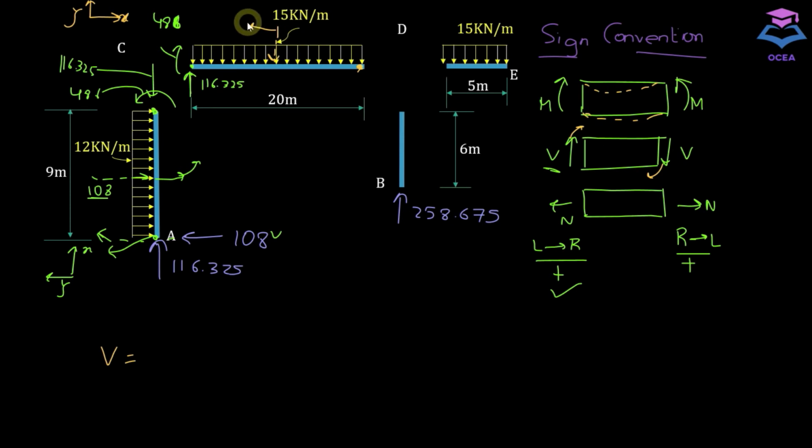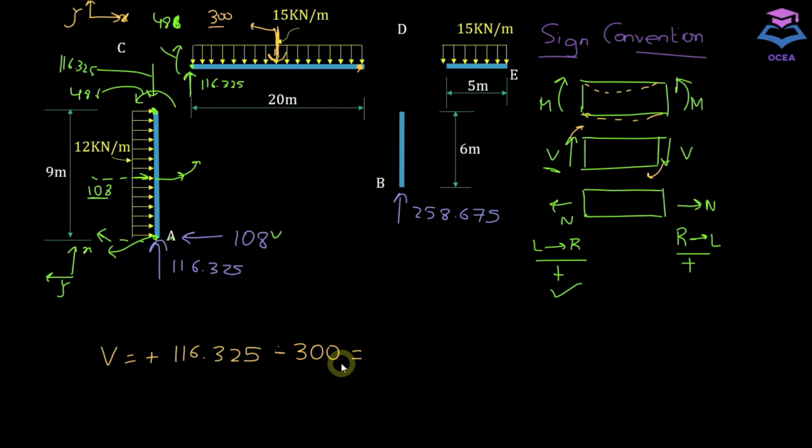This UDL, if you convert it into a point load, will be 15 multiplied by 20, which gives me 300. So we have this vertical force acting in upward direction, and it matches my sign convention for left to right, so this will be positive 116.325, and this resultant point load 300 will be negative.